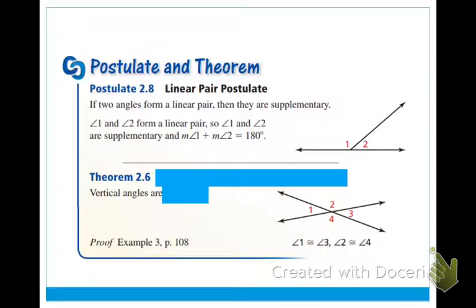The next one was vertical. So that's the box to the left of it. You can highlight these. You can take out 4 colors if you want to. It is up to you. I'll show you the way to do it without 4. You have angle 1, which is right here. What angle is vertical to 1? 4.